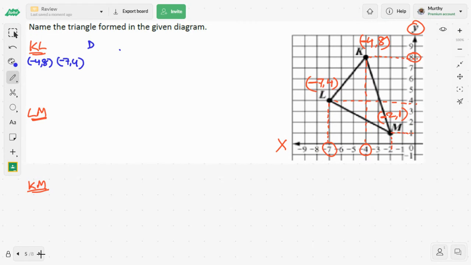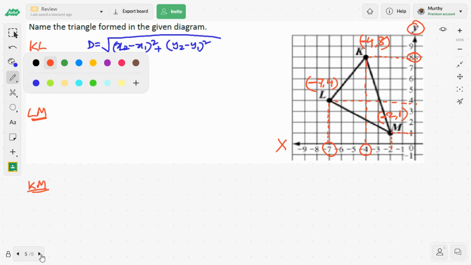Okay, then the distance formula, which is x2 subtract x1 whole square plus y2 subtract y1 whole square. Then let me label them as x1 y1 x2 y2. Whenever I solve the problems, I always write the formula and label the parts this way.